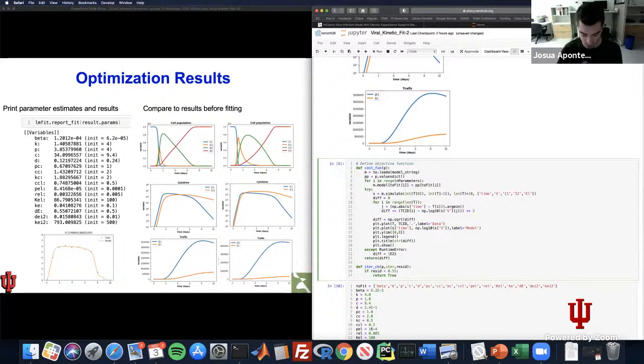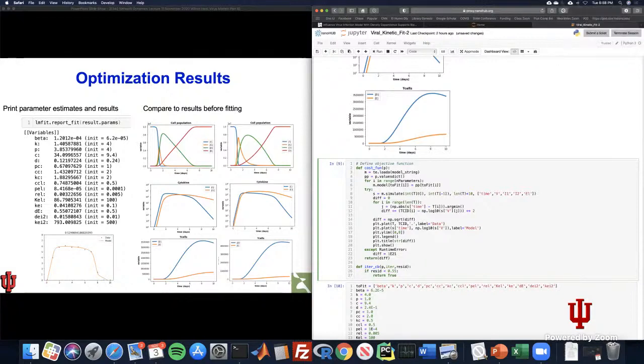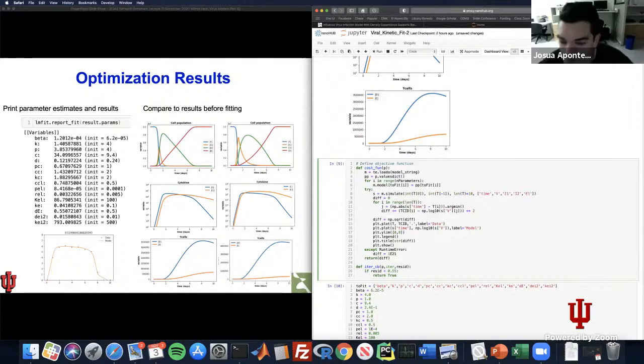Can you repeat the question? Right. So we fitted the viral load, but now we want to add an additional constraint in our algorithm, and the constraint is that at the end of the simulation we have to have some cells survive. So we want some cells not to be dead at the end of our simulation.